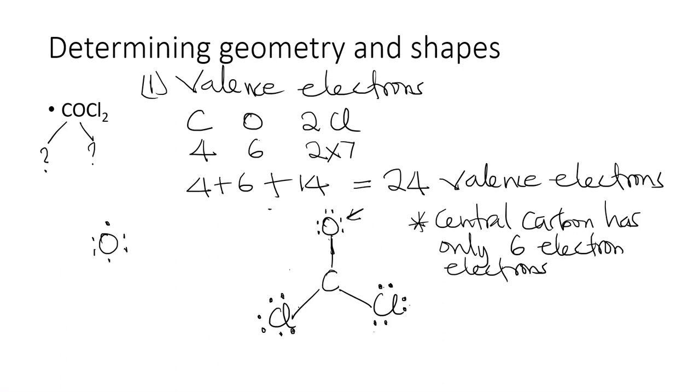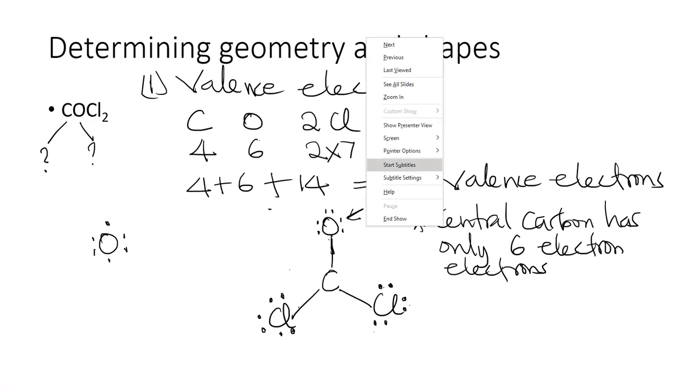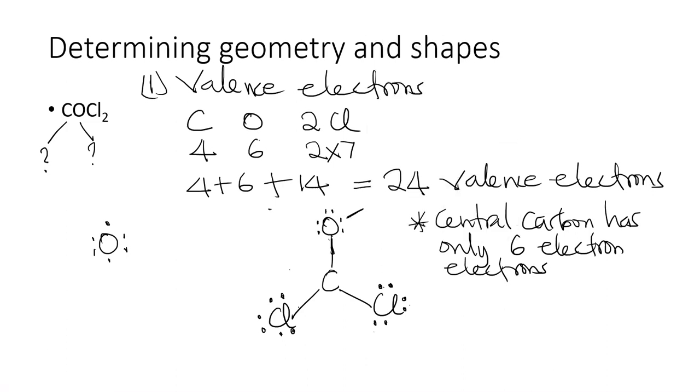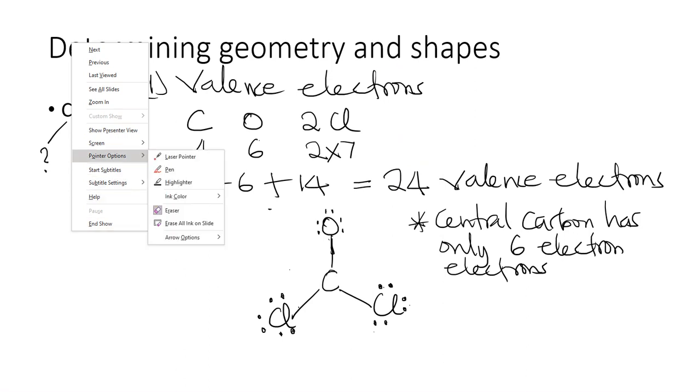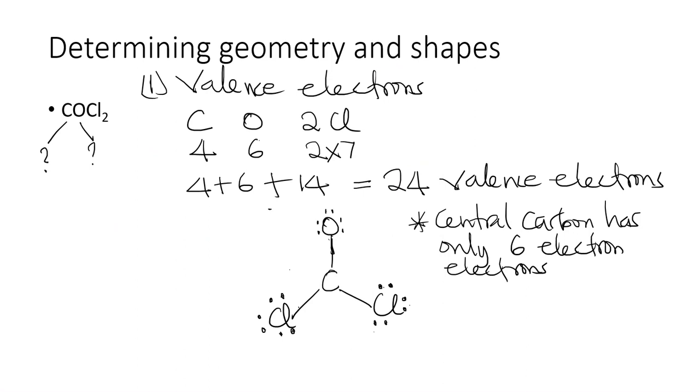So oxygen has an extra electron, which is not good. While oxygen has an extra electron, carbon is lacking electrons. So what we do is we take these 2 electrons here and put them on this to form another chemical bond.